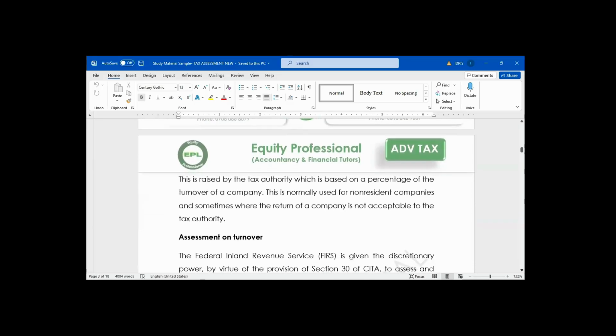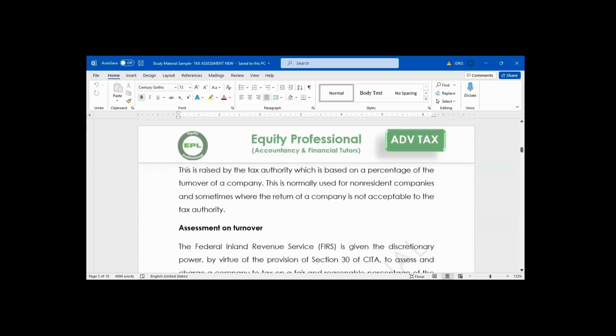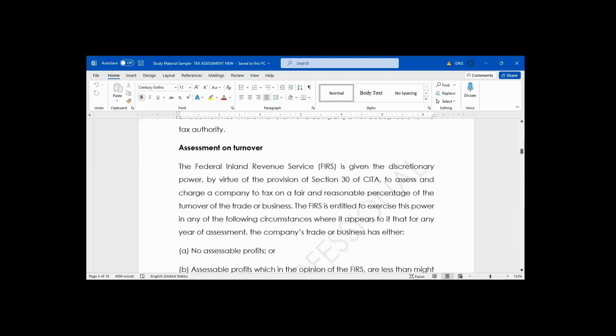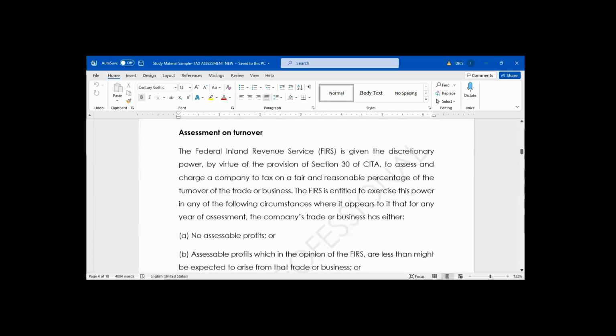For turnover assessment, Section 30 of the Company Income Tax Act says if a company does not have assessable profit or adjusted profit, but we know their turnover, we don't know their expenses, the law provides that they should be assessed on turnover.